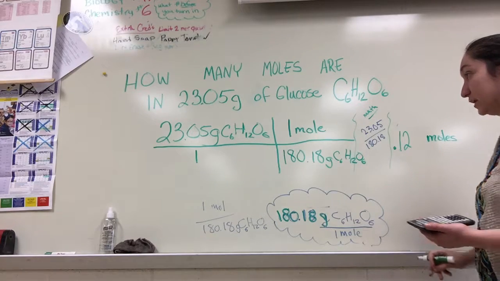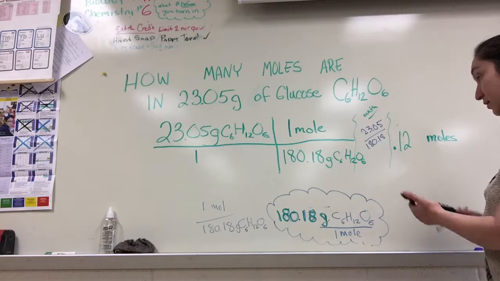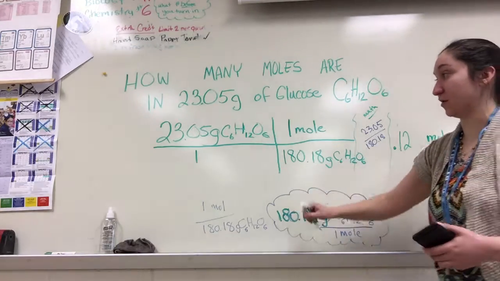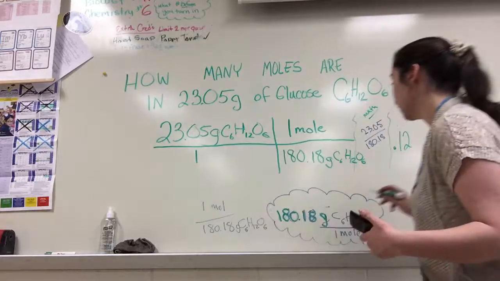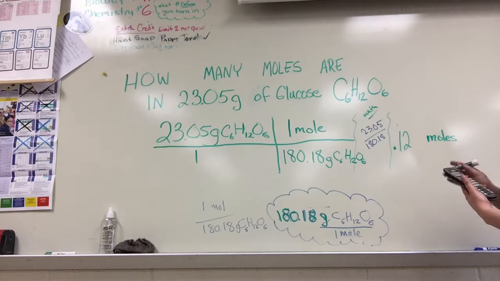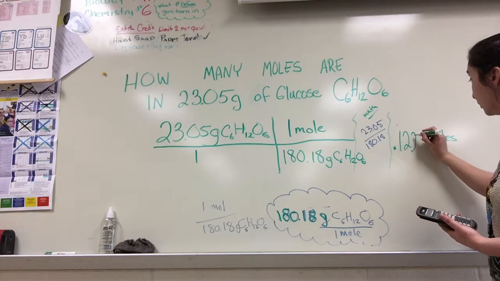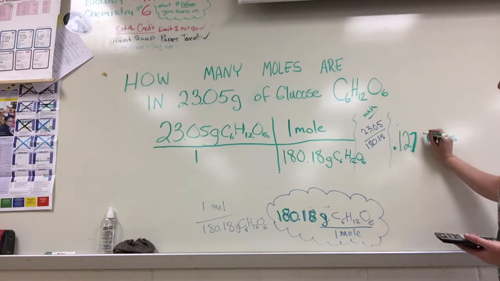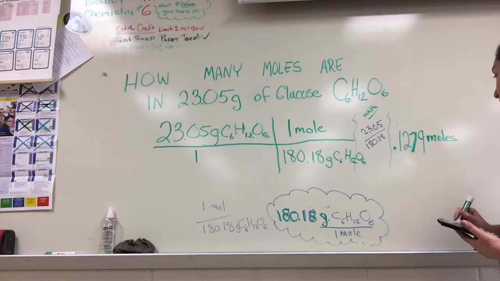We're only going to 2 places, and that creates some problems for me, doesn't it? I'm going to match it to this. I've got 4 significant figures here, so we're going to do 4. So 0.1279 moles.